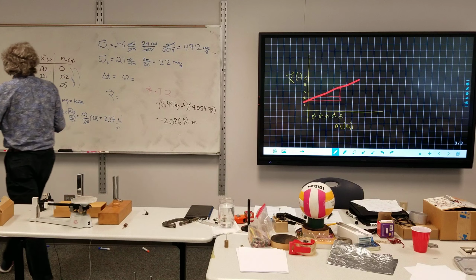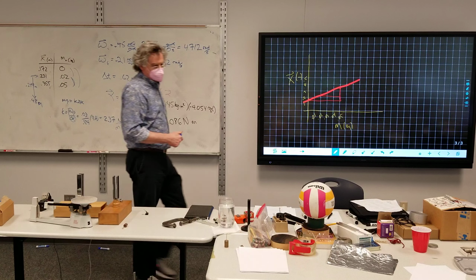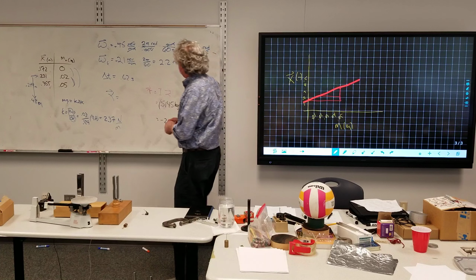So I'm interpreting that as with an equilibrium, that is where it is, but then it gets stretched down to 0.48 meters. So the amplitude is the difference between those two, 0.249 meters. The period is 0.919 seconds.